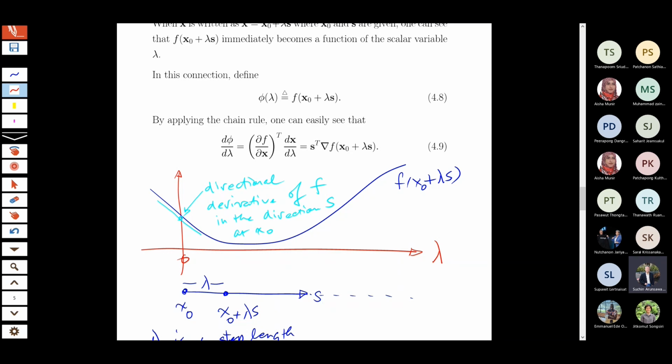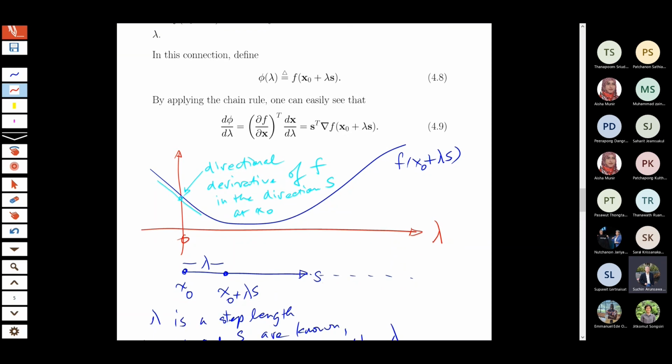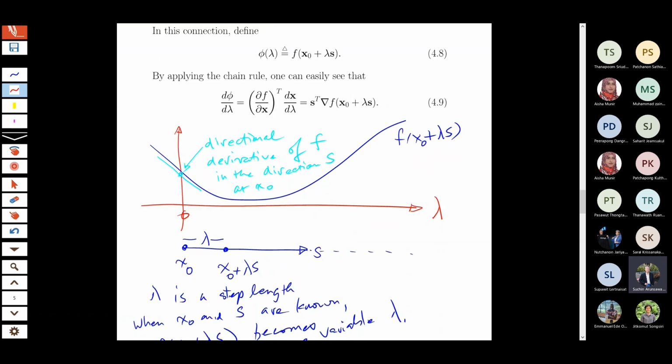Then by applying the chain rule in calculus, d phi by d lambda is equal to s transpose, the gradient of the function f at x naught plus lambda s.